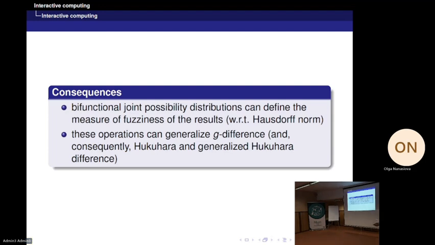So ongoing, it seems that this B-functional possibility distribution can help to understand how, for some operations, this interactive computing works, and can simplify computing of more general functions, for instance, that preserve monotonicity in each argument. And those operations need not be only addition, multiplication, subtraction, division, but also maybe some other ones.